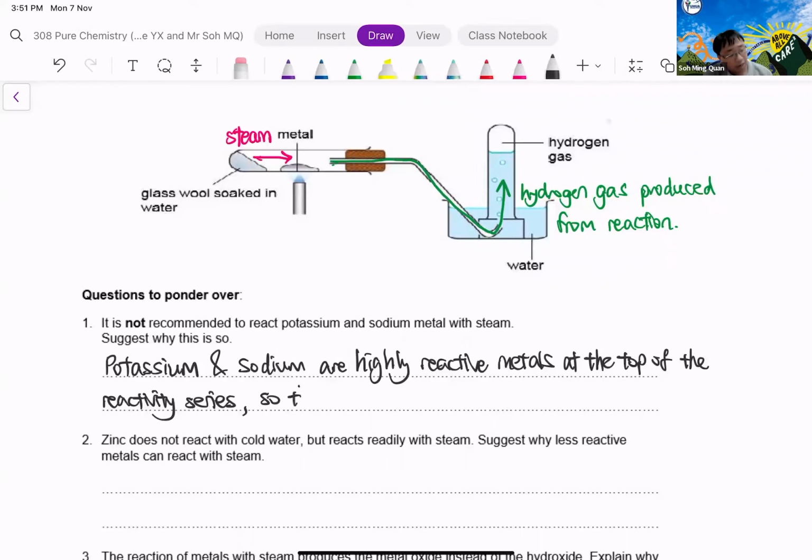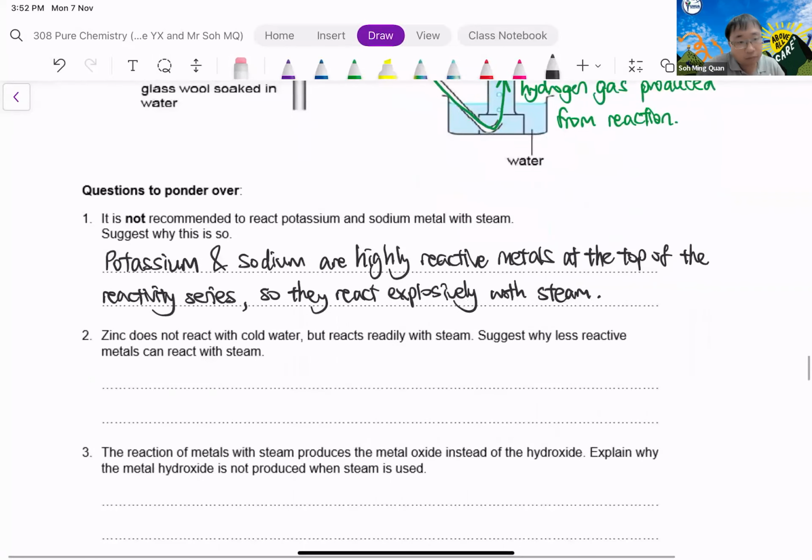So they react explosively with steam. So if it's explosive, clearly it's unsafe to carry out. Okay, so that's the first question.